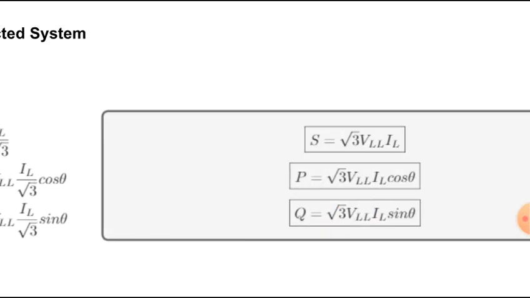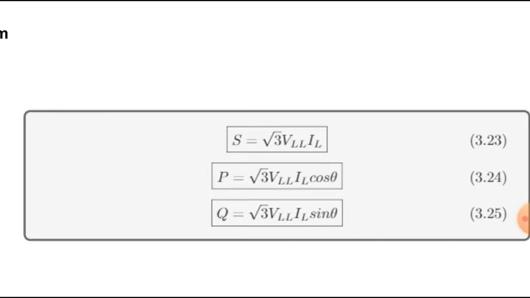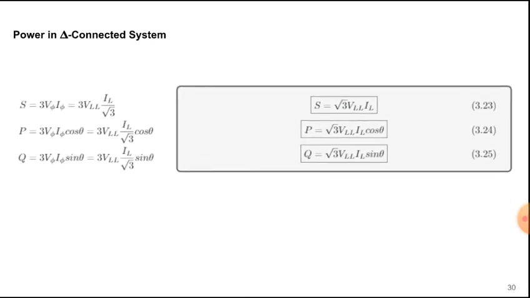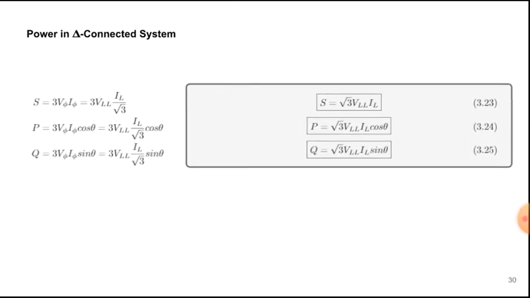The end result is still the same as the power in a Y connected system. Again, the power is independent of the connection. Whatever the type of connection, it's always the same formula for the power. The only difference is the formula for the line value and the phase value, but in general, the power is always the same.